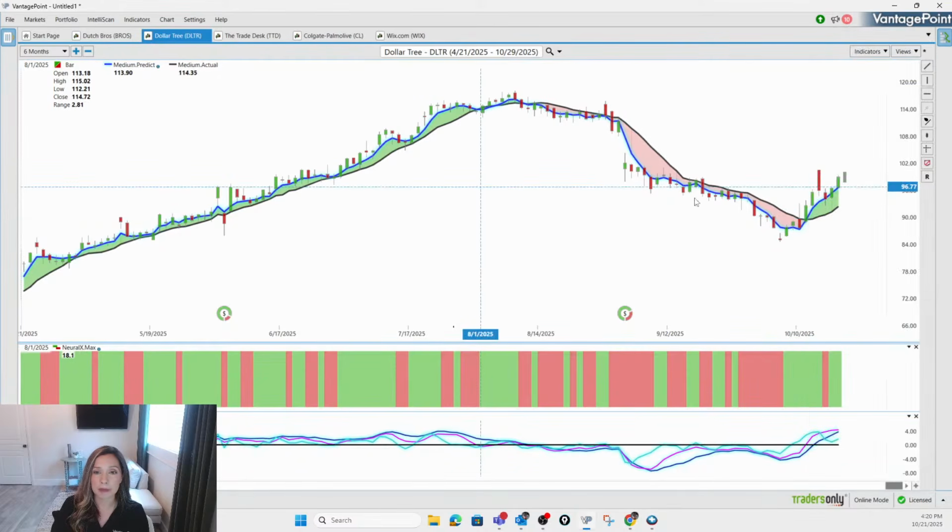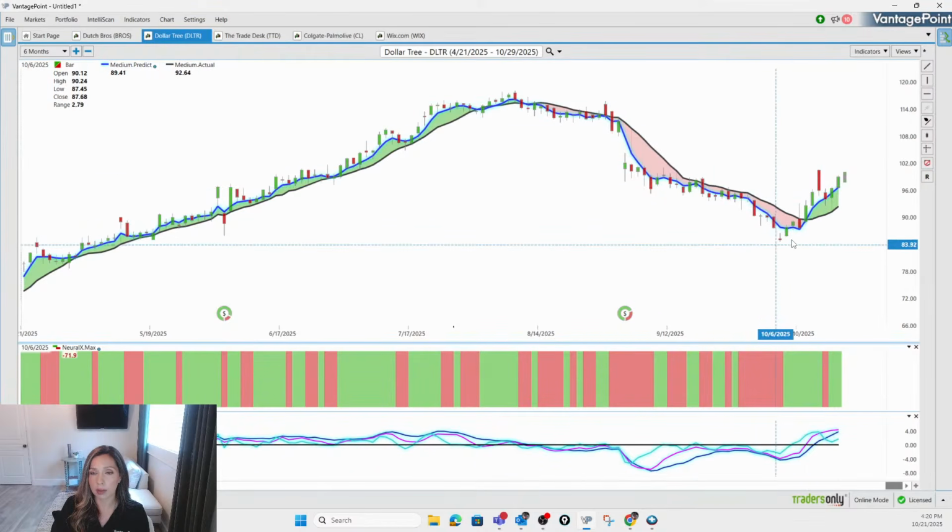But we can see where price action has really started to come down and fall below normal values, and now potentially getting in at a great price with some room for expansion. All right. So that's the great thing about undervalued assets, is that they typically have a lot of room for expansion and growth within that asset.